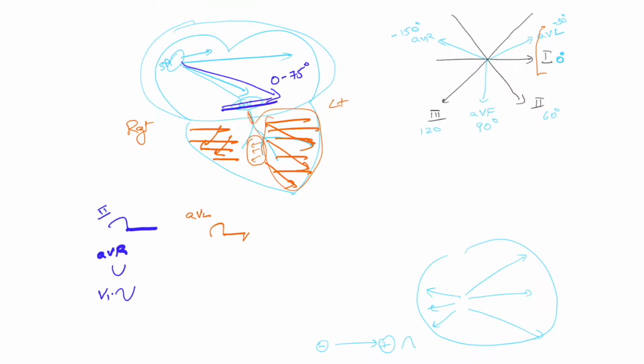If you were to think about it, the vector would look something like so, between minus 30 degrees and positive 90 degrees. Because of this very heavy, bulky wave of depolarization going there, you would see a positive deflection. Sometimes this may be followed by another negative deflection. And once the depolarization is complete, you would have a return of the flat line.